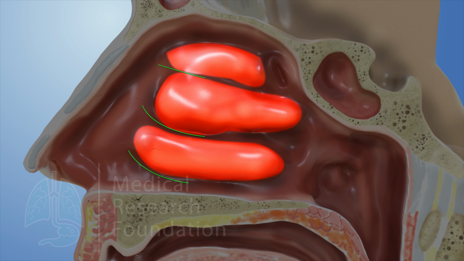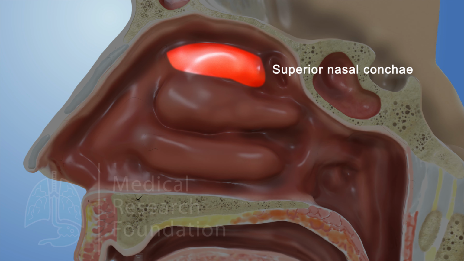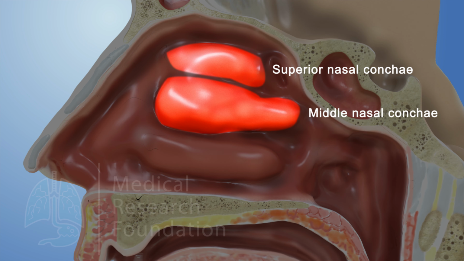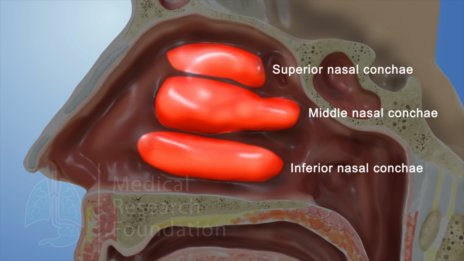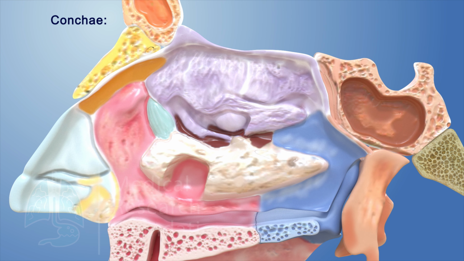Below and lateral to each concha is a corresponding meatus. From above downwards, the conchae are superior, middle, and inferior nasal conchae. Sometimes a 4th concha, the concha suprema, is also present.